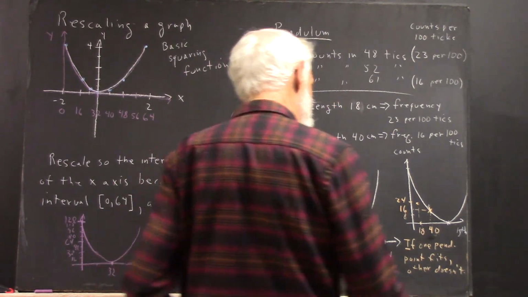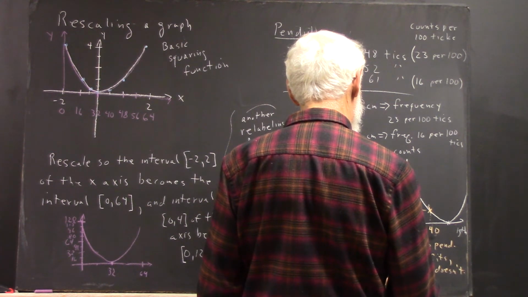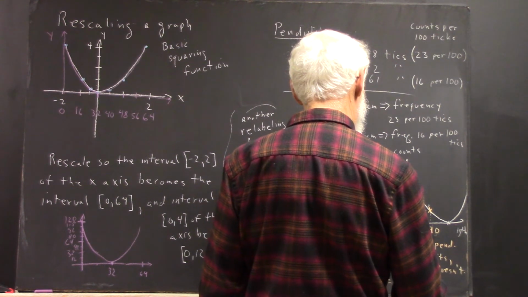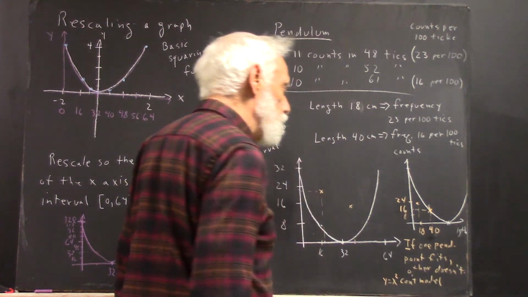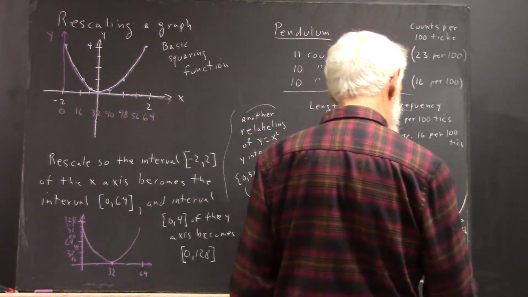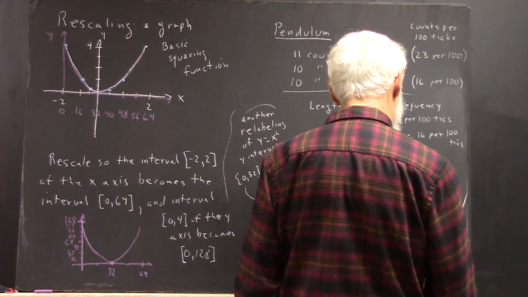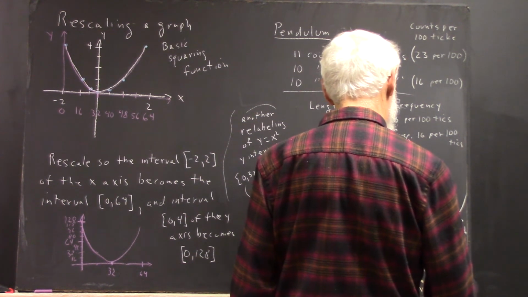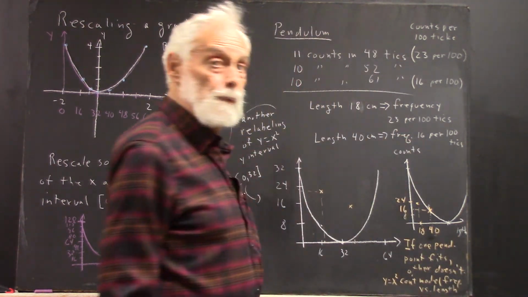So y equals x squared can't model frequency versus length.